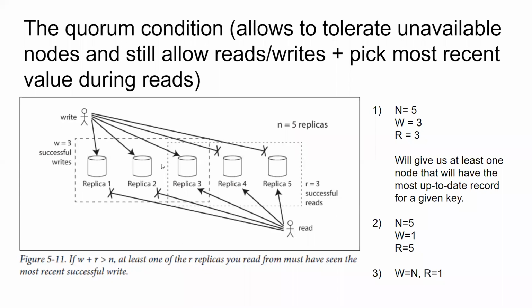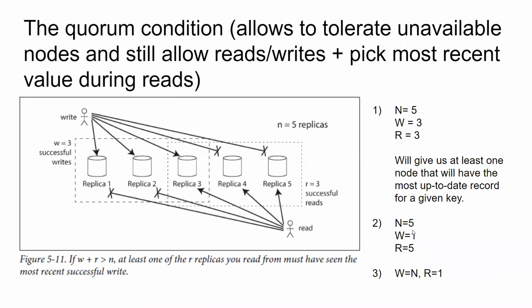As shown here, the idea of this equation is that you should have an overlap between these write nodes and read nodes, to make sure that you have at least one node which has the most recent value. That's taking care of the second point, that you want to pick the most recent value during reads.